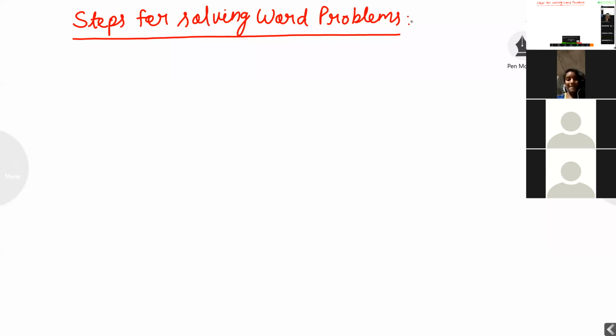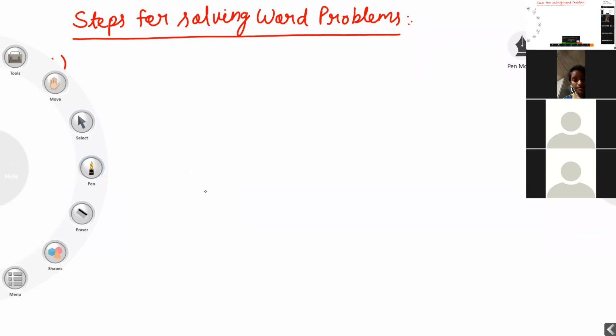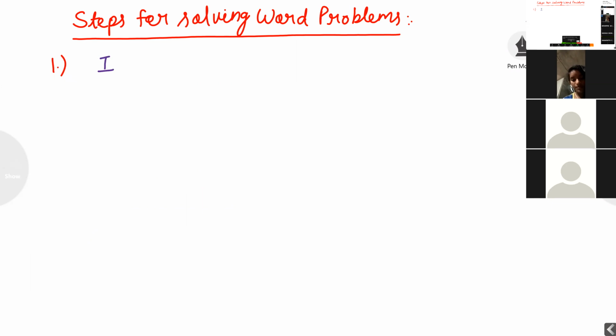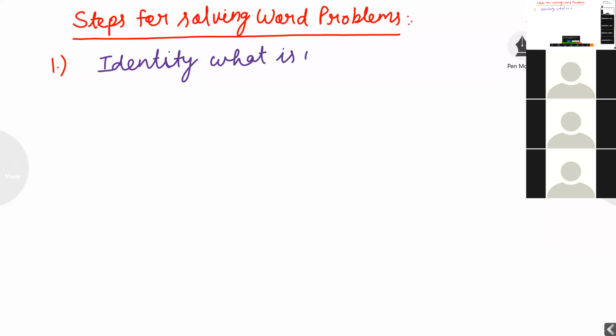Step first, identify what is unknown. Step 2, write one of them as x.